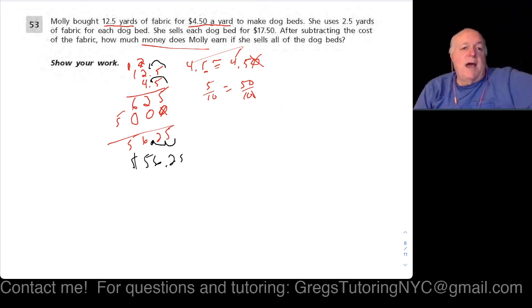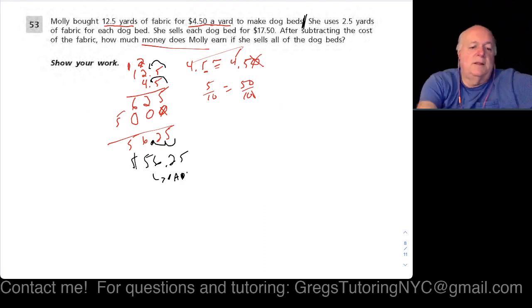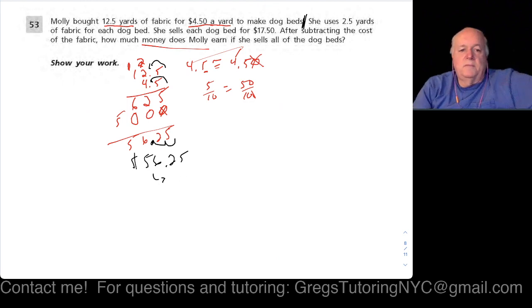All I figured out, for now, I'm up to right here. All I figured out is how much she paid for the fabric. So there's going to be a bunch of numbers flying around here. Let me write that better. Fabric cost.